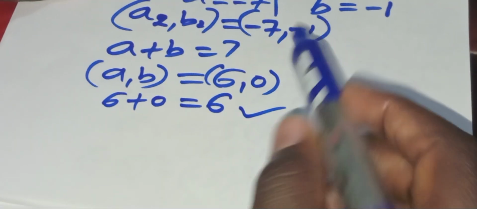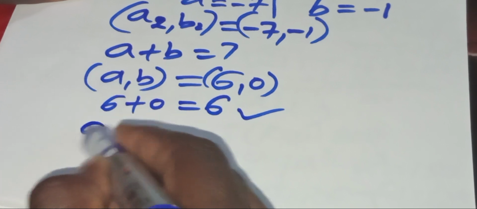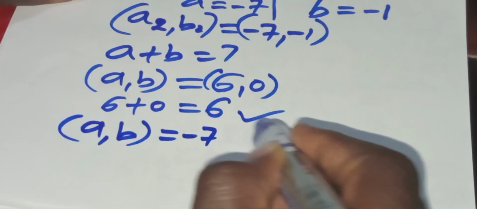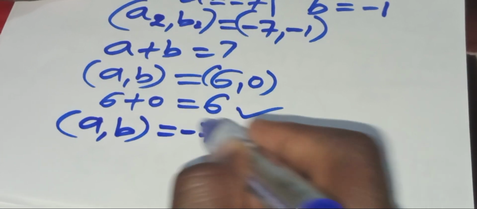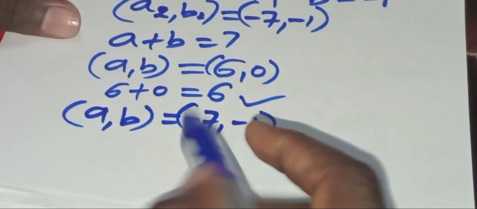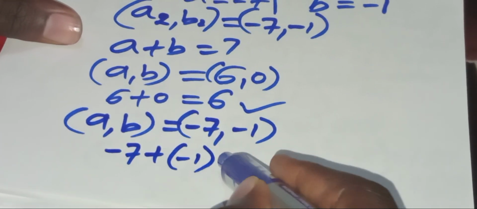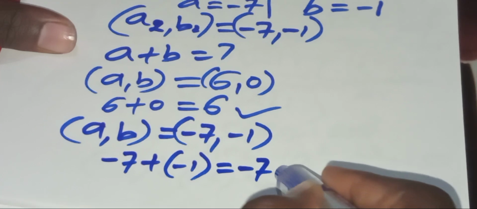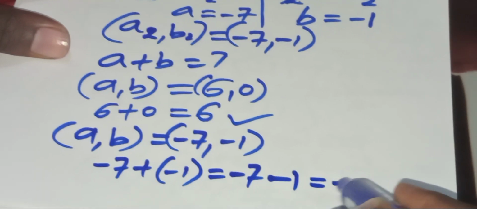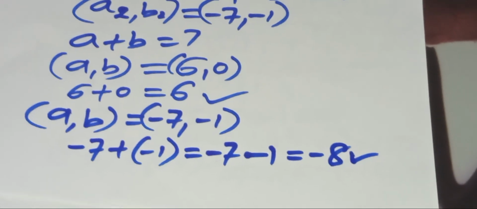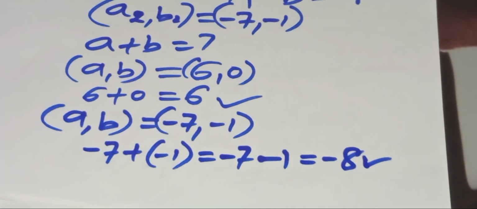For the second part, we have that a and b are equal to negative 7 and negative 1. So negative 7 plus negative 1 is equal to negative 7 subtract 1, which is equal to negative 8. This is the second solution. So those are the solutions to our algebra problem.